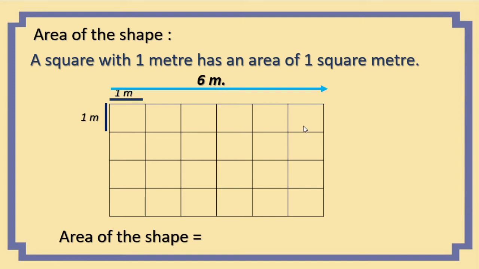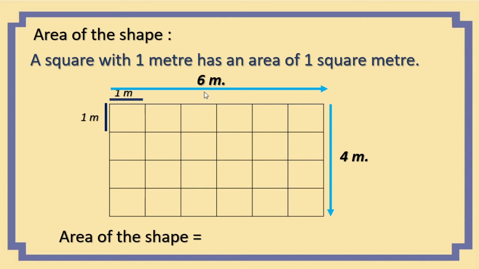Got this? Now we will see the breadth or width. See, this is width. How many squares are there? 1, 2, 3, 4. So it is nothing but 4 meter. Got this, children? I have only counted the number of squares.